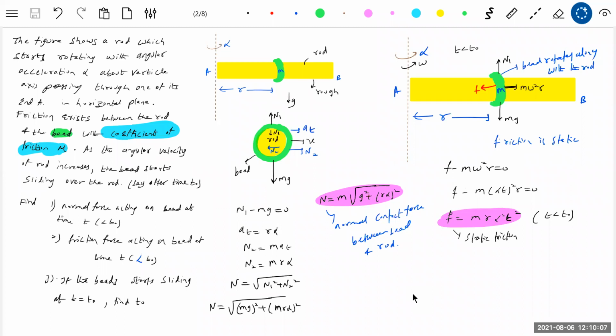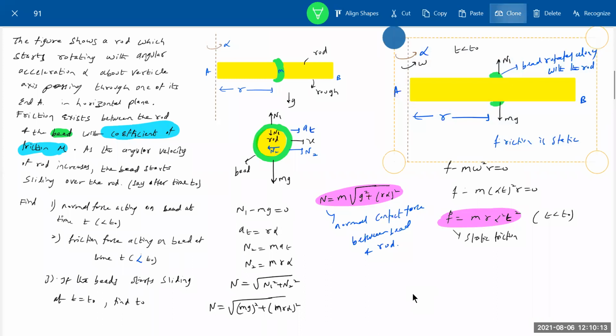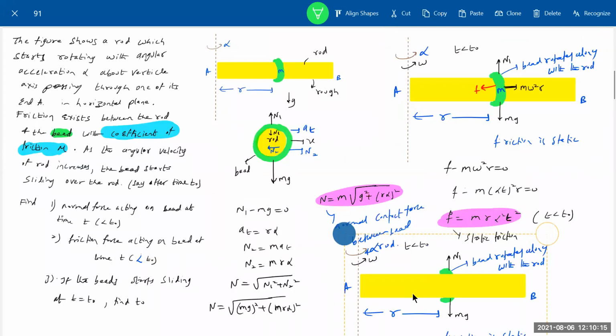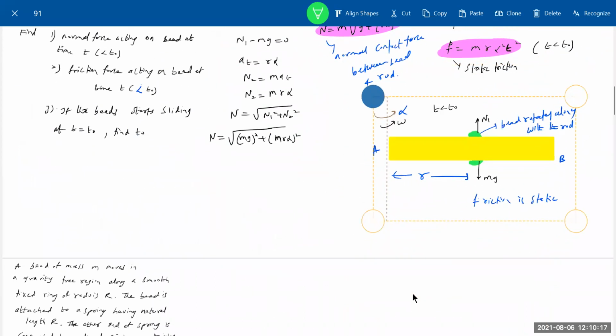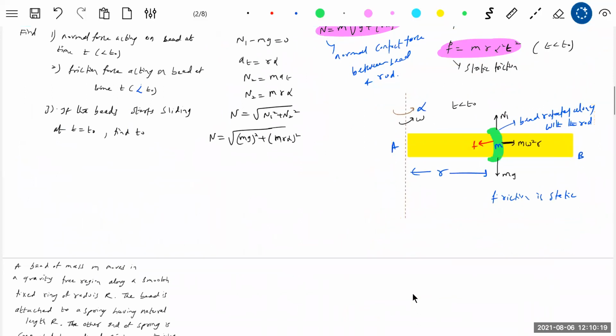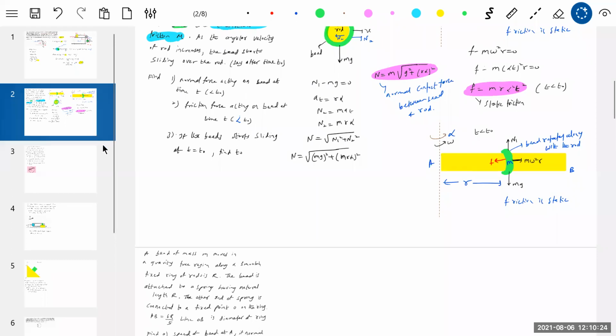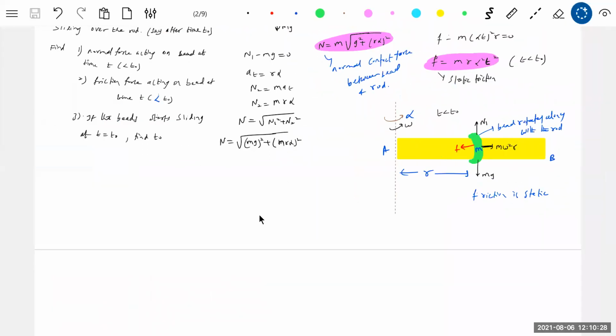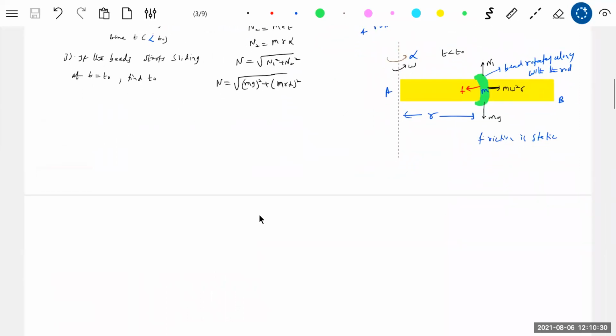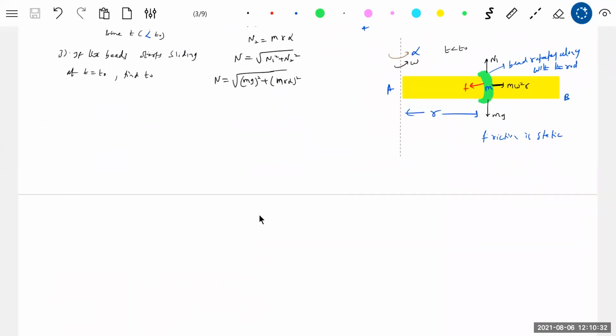Okay, let me proceed like this, the same diagram. We'll go for one more page. The next part of the problem.